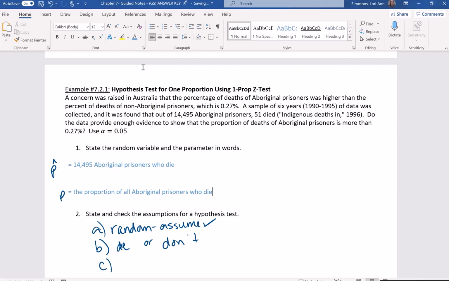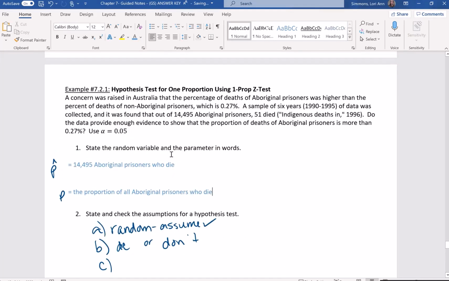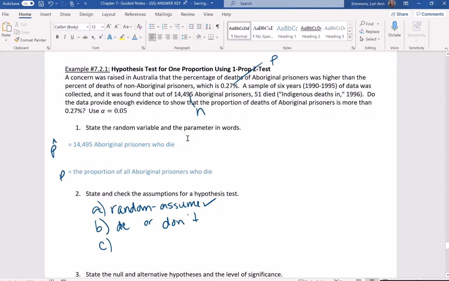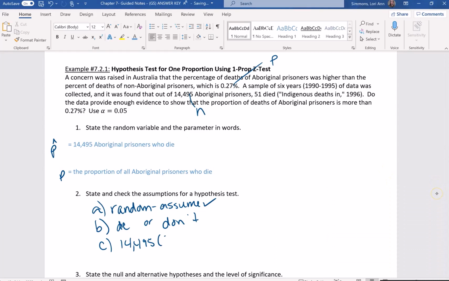C. N times P has to be greater than or equal to 10. So your N is 14,495, the proportion is 0.27%, so you have to divide that by 100, so you have 0.0027. When you multiply those, you get 39.